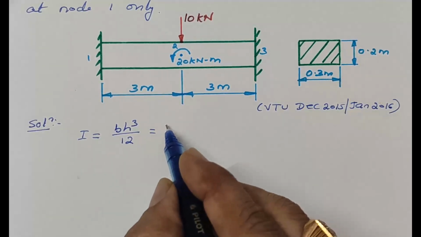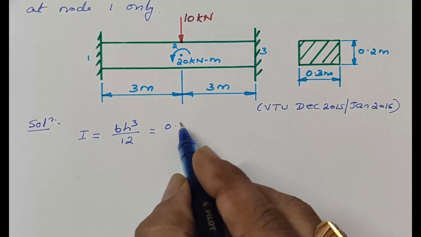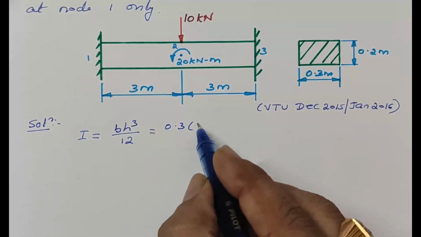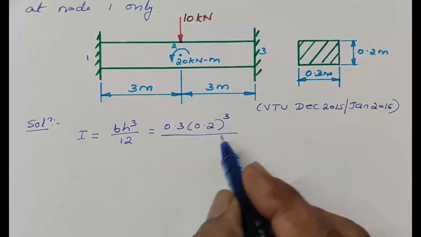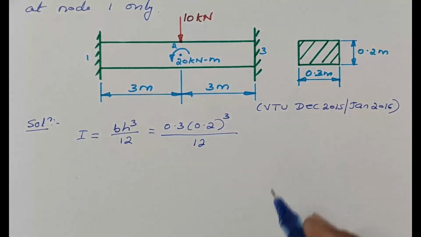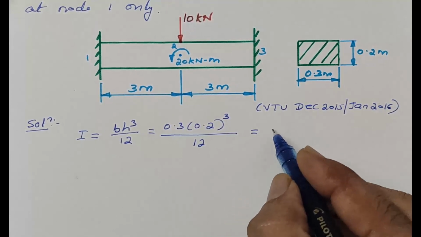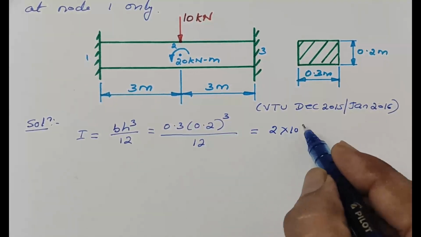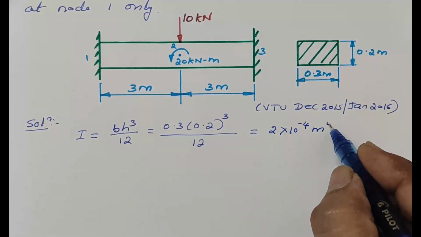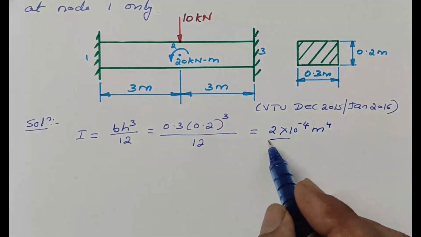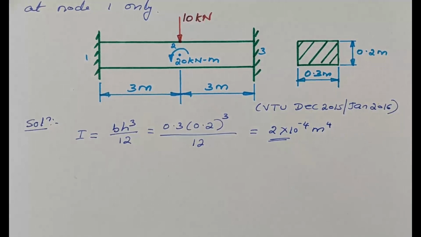So it is 0.3 into 0.2 cube divided by 12. We will get 2 into 10 power minus 4 meter to the power of 4. This is moment of inertia.